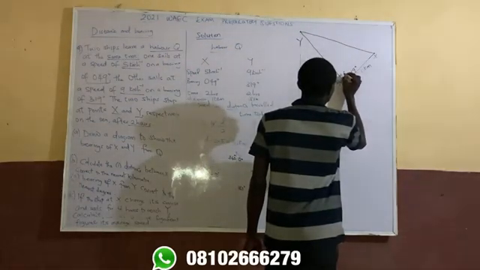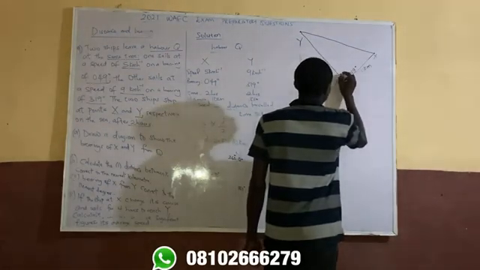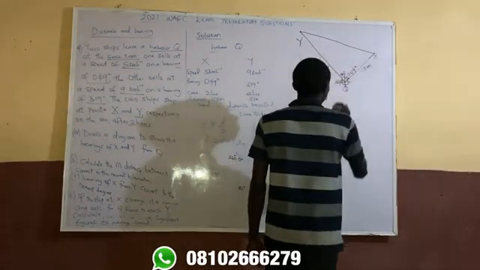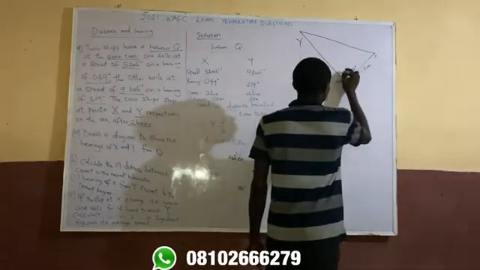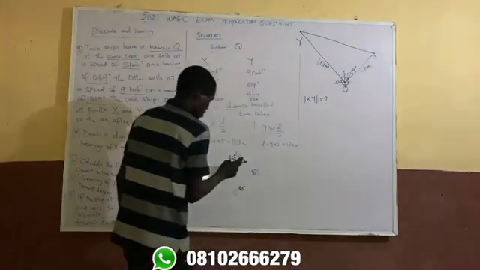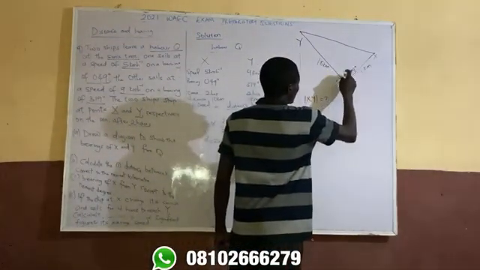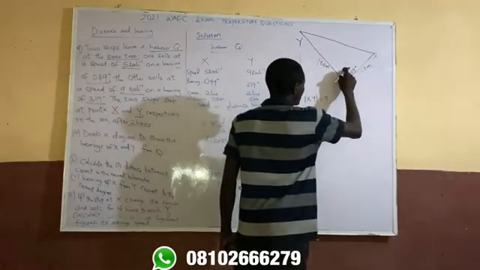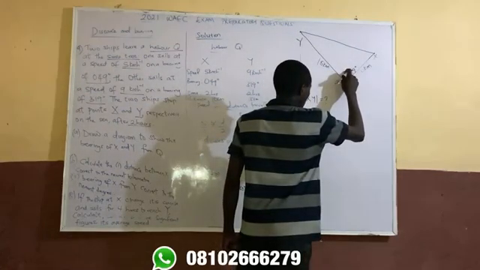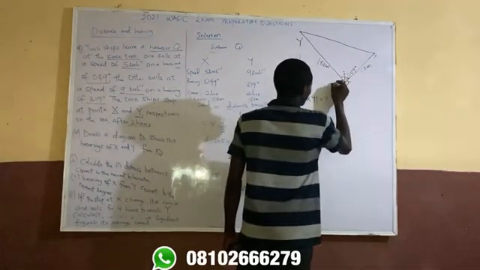This line is 0 and it also has 360 degrees. If you read from here, it is 0 back to 360. So we say 360 minus 319 to get the angle that is left inside.